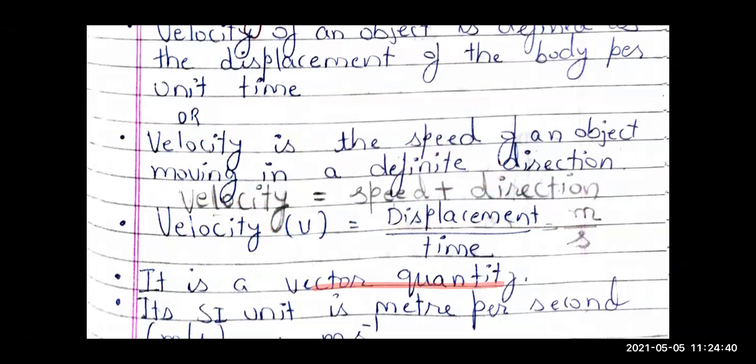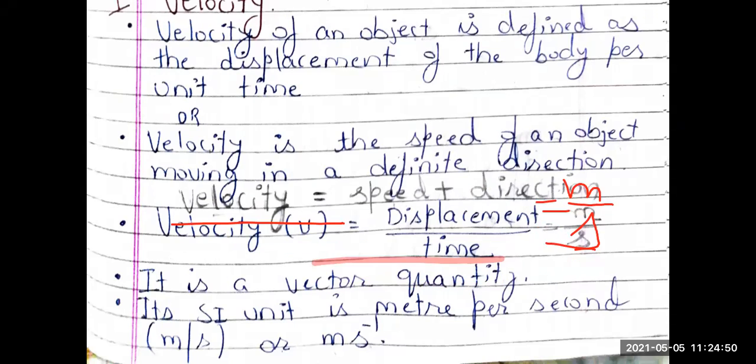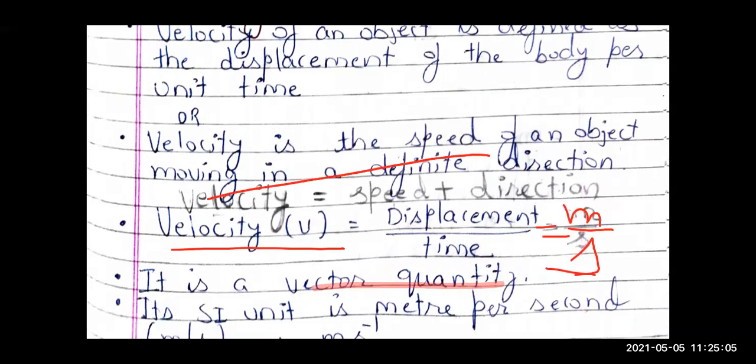Now children, the SI unit of velocity is displacement SI unit meter, time SI unit second. So the SI unit of velocity is meter per second, same as that of speed, which can be written as meter s raised to minus 1. Right children? Now, let's move to the next slide.